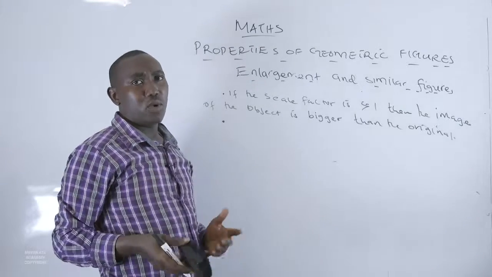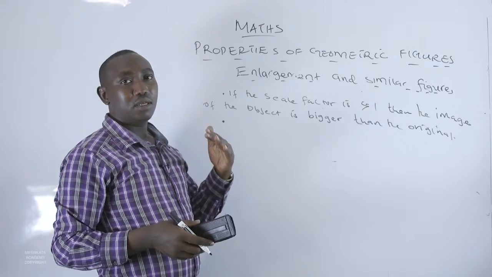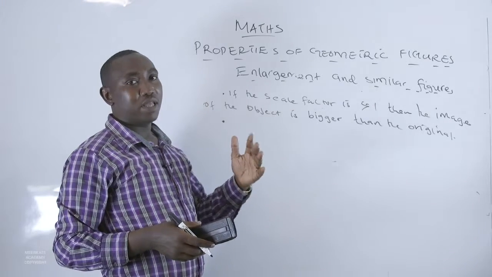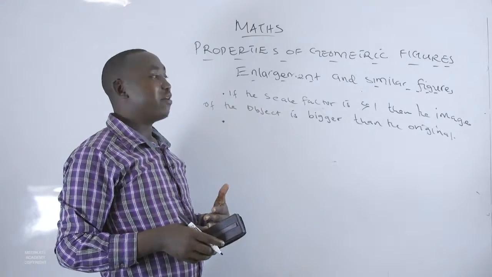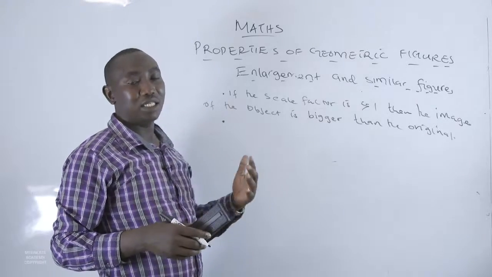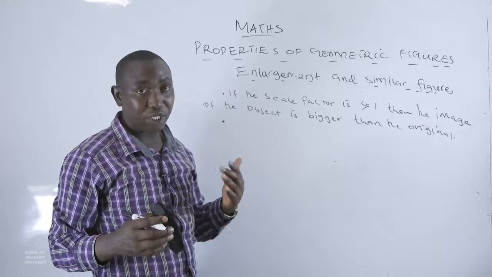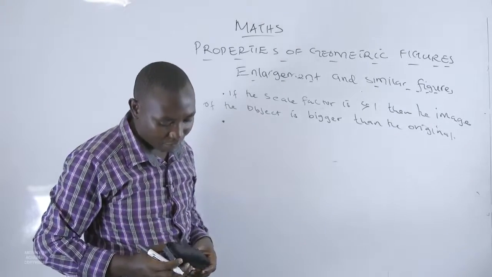Then the last point on the scale factor is, what if the scale factor is equal to 1? That means the figure will be transformed back to itself, and therefore we shall not have another shape of a different size being formed.